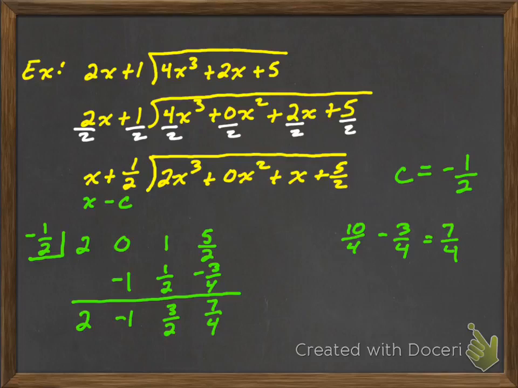That is our remainder. And since our original problem started out with x cubed, our answer will start with the next lowest exponent.